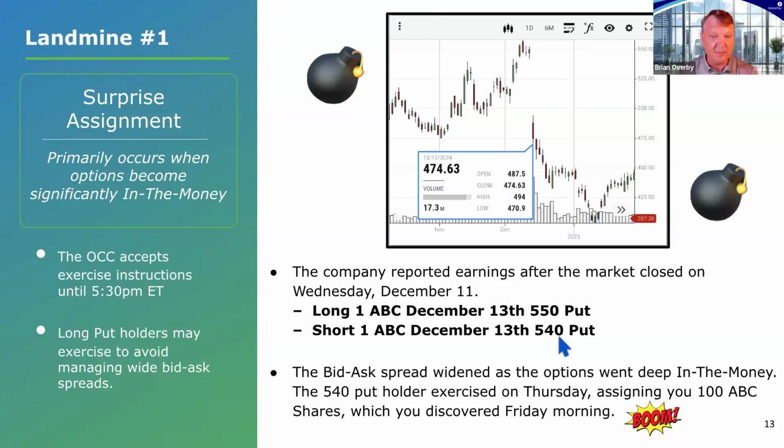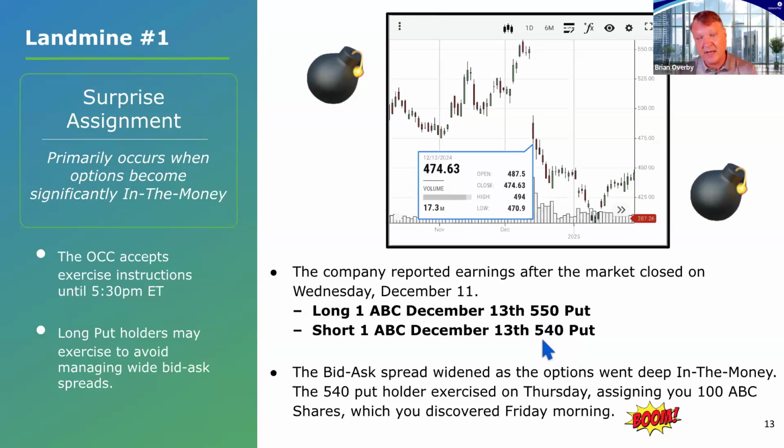Maybe they fell asleep, maybe they did whatever. But guess what happened to this 540 option contract when the stock closed at $474? It was worth a lot of money. The bid-ask spread, and I'm going to highlight this down here, widened. And it became fairly illiquid because it was so deep in the money.